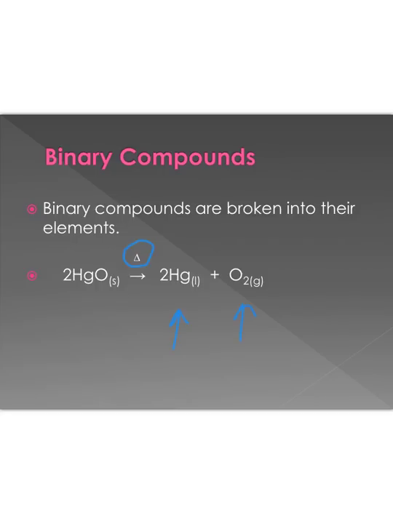Oxygen, remember, is diatomic, so we're going to write that as O2, and oxygen typically exists as a gas. Mercury is one of the few elements on the periodic table that's a liquid at room temperature, so a little L there for liquid. And then provide additional coefficients to balance out that chemical equation.